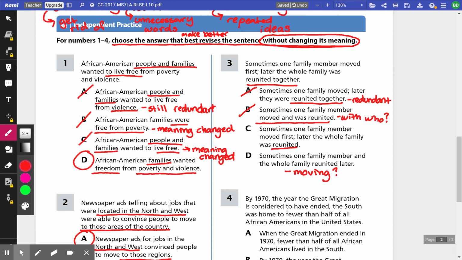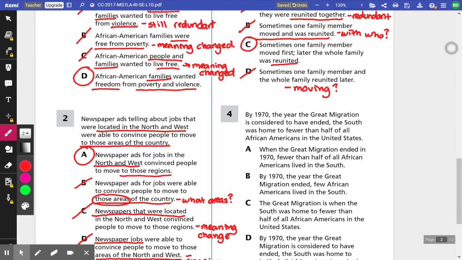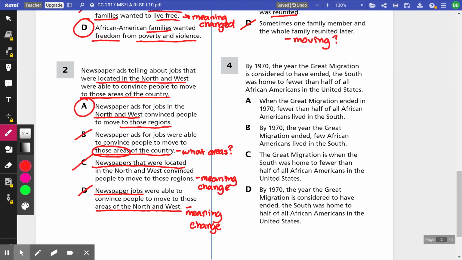It leaves out a very crucial part of the original sentence. We don't know that the family members are moving first and then they get reunited later. That part of the sentence is important. If you leave it out, it changes the meaning. So, because of that, answer choice D is not our best option. Really, the only one that works for us is answer choice C. It's our best option.